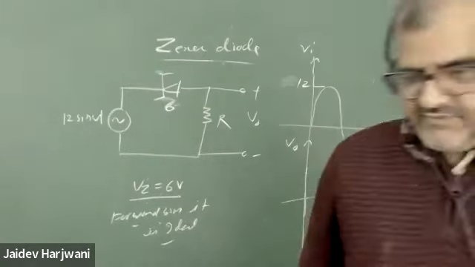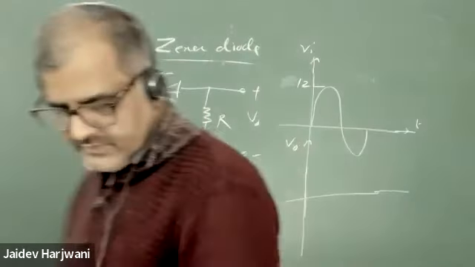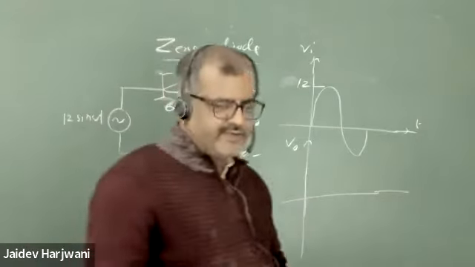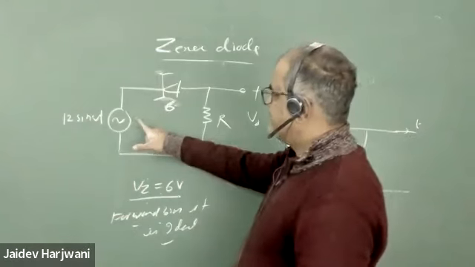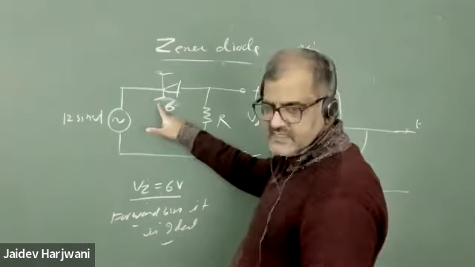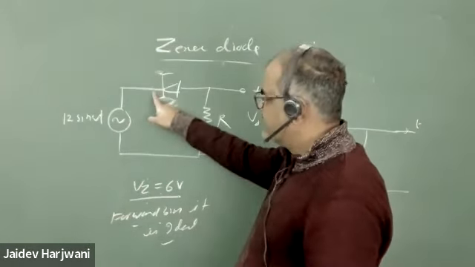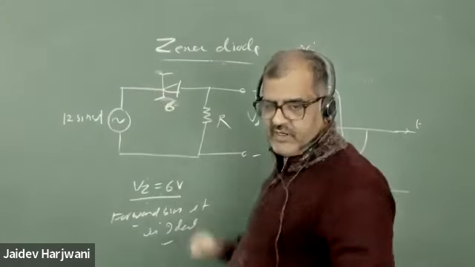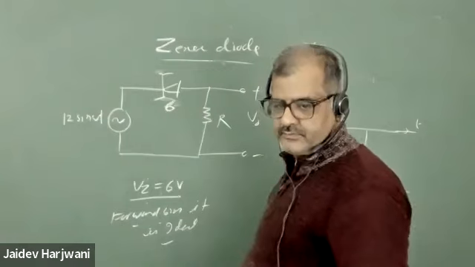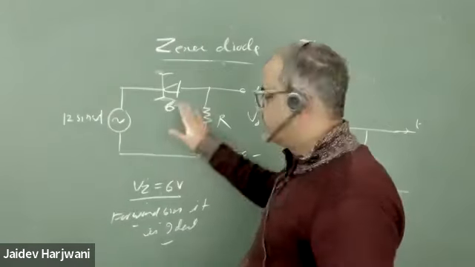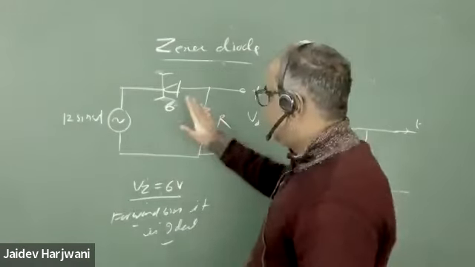Now you have to plot the IV characteristics. How can you draw the IV characteristics? Until you apply 6 volt here, the diode will be in what condition? Open. Very good.